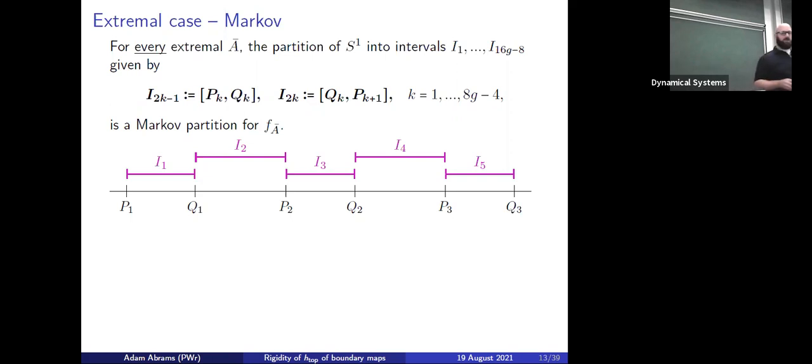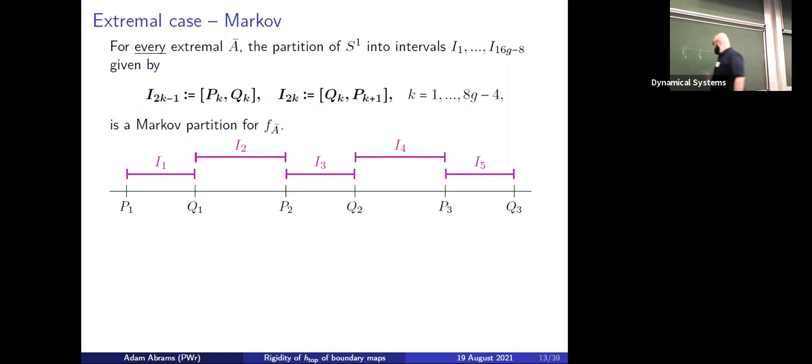For the even numbered intervals, however, all of the boundary maps agree on what generator to use there, because of the parameters that we're using. So there's a part of the side of your fundamental polygon that goes from Pk to Qk plus 1.